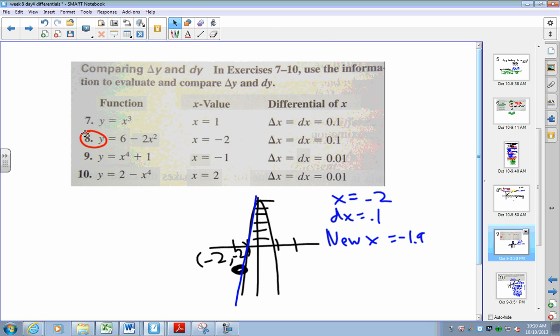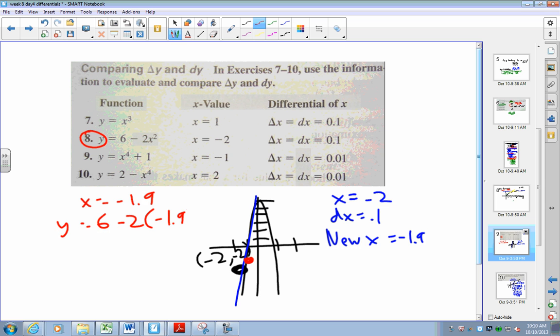So right there, I want x equals -1.9. Which would mean I would need to do y equals 6 minus 2, -1.9 squared. Yuck. Do you agree? But could you already do the tangent line and plug in -1.9? Is it basically the same question?